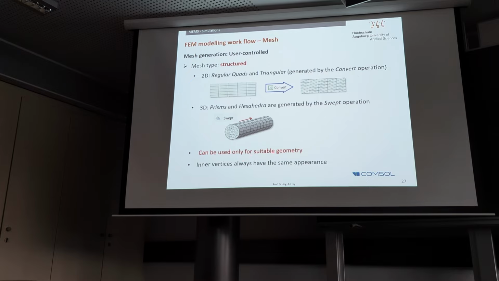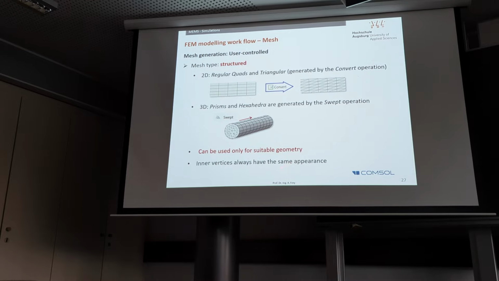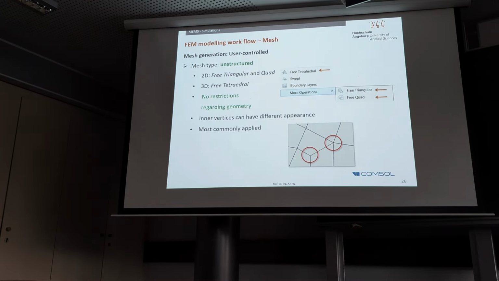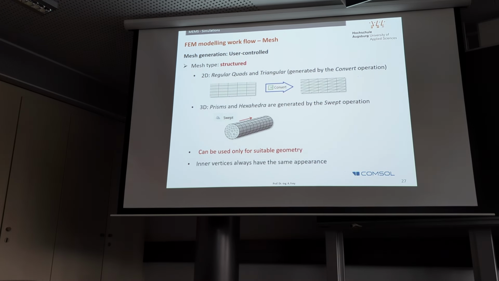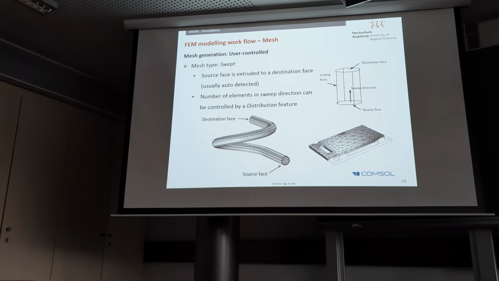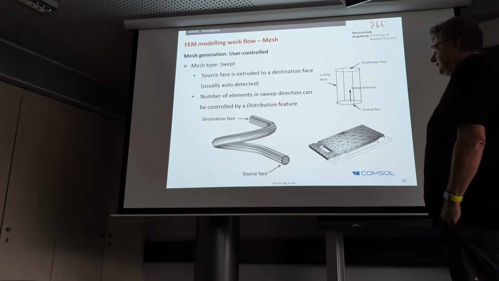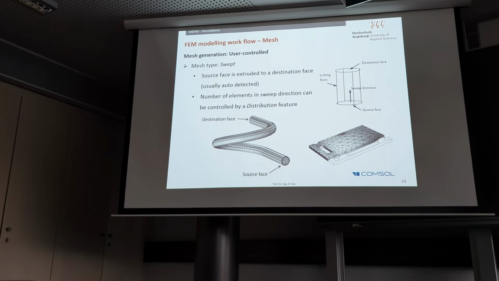But yeah, it can only be used for suitable geometry. Inner vertices have the same appearance, that is, so to speak, the opposite situation to what is shown here. That is some more information about the swept operation, which gives you some examples.